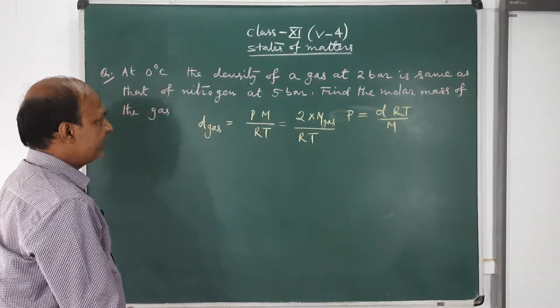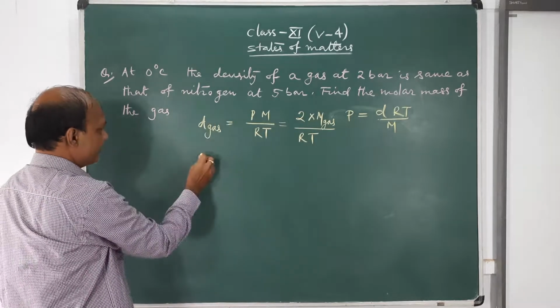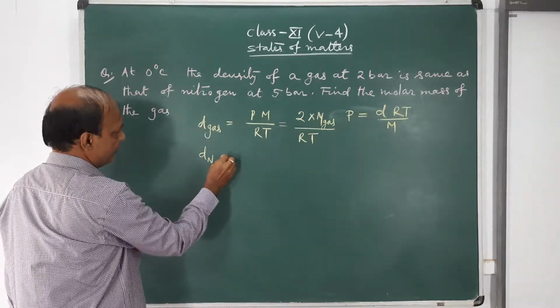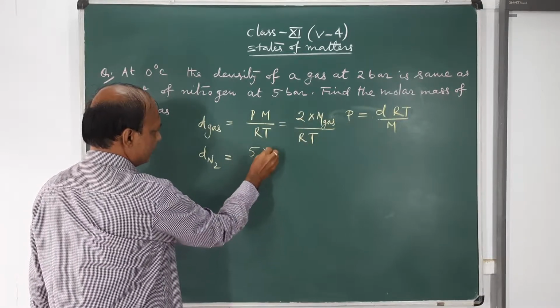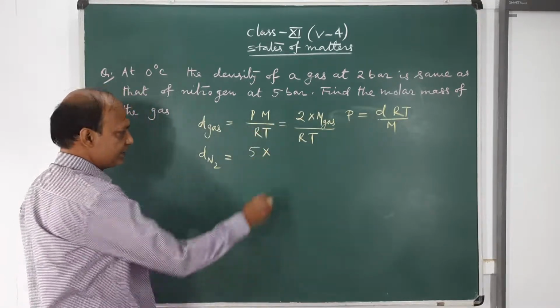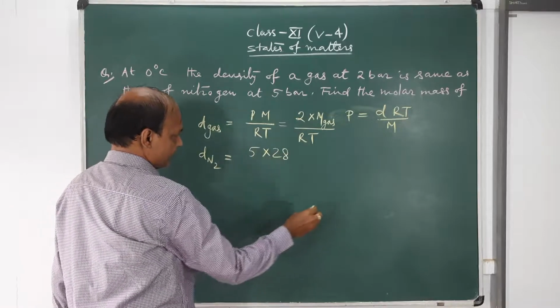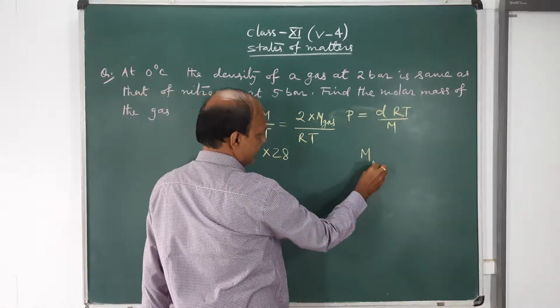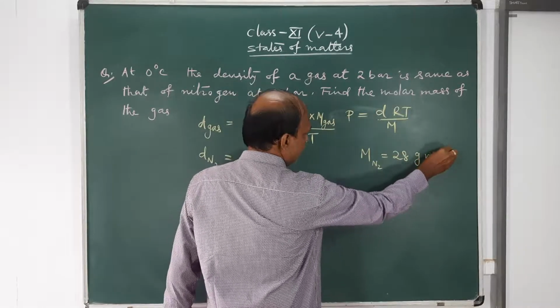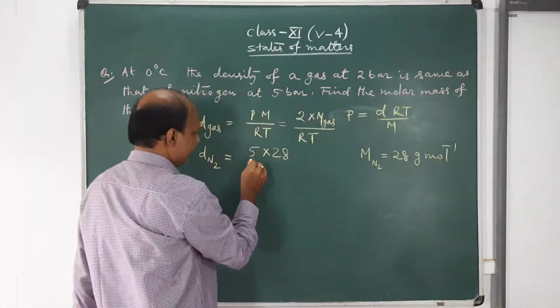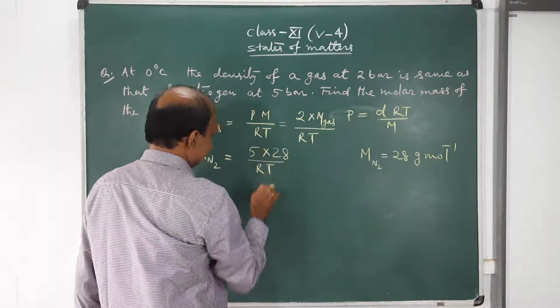Now this density is the same as the density of nitrogen, which at 5 bar pressure is 5 into the molar mass of nitrogen, 28 gram per mole, divided by RT.